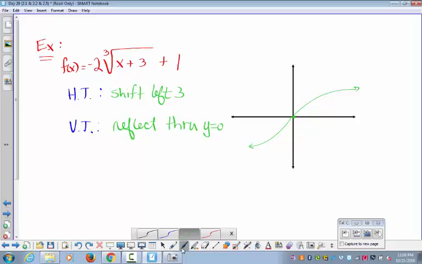Sometimes that gets a little confusing if you're writing a y when you're reflecting through x. Next vertical transformation: stretch by 2. And then our last vertical transformation, up 1. So we're going to shift up 1.